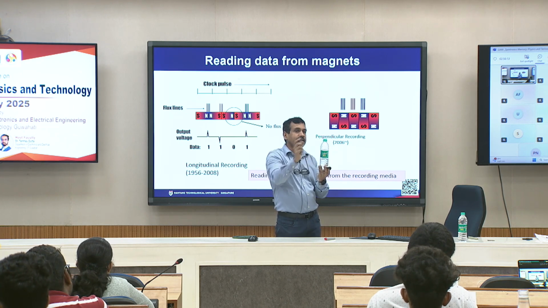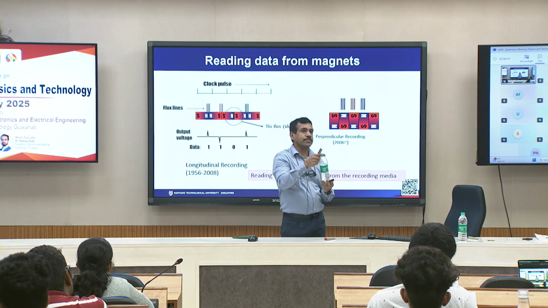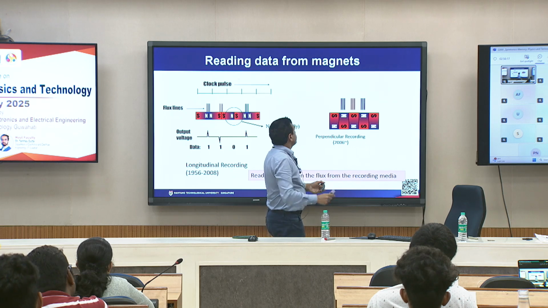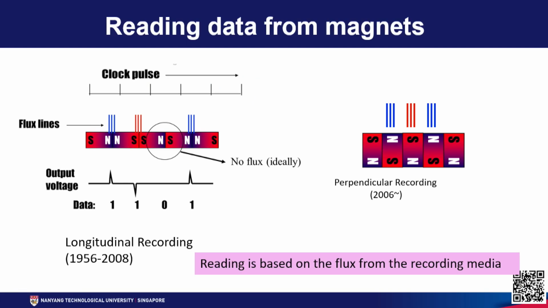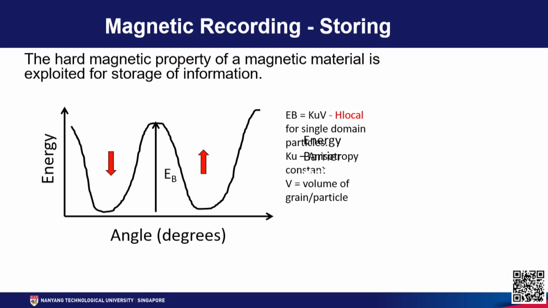All the other directions are hard directions. Schematically, that is like having north pole of a magnet up or south pole of the magnet up. So, when it comes to storage of information, this energy barrier is the one that retains the information.